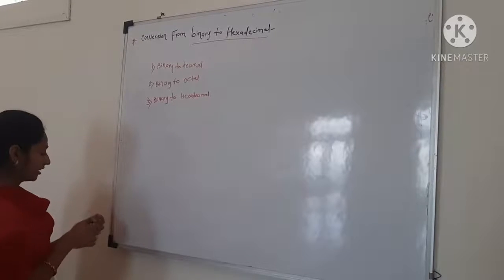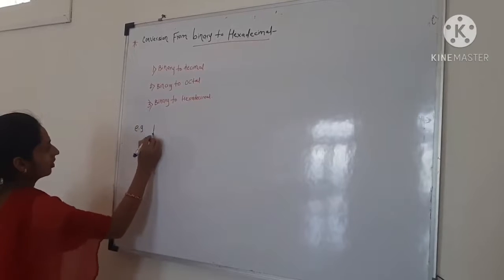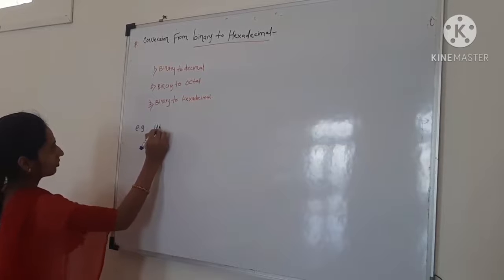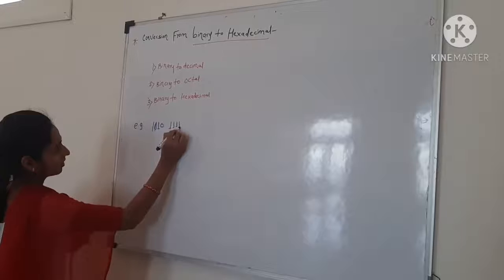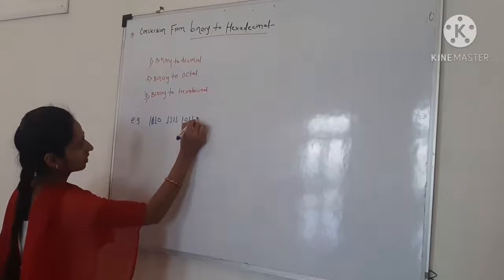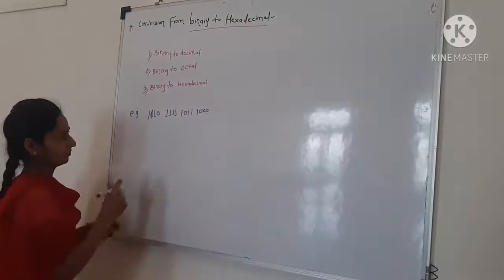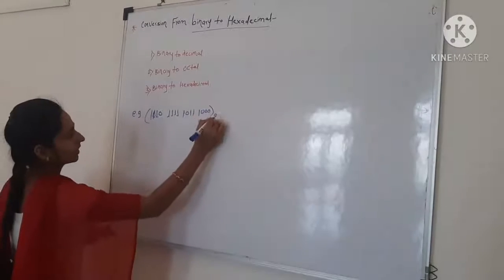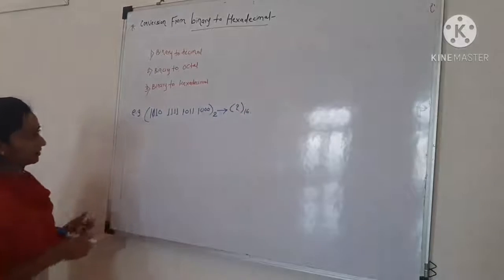Let's see with the help of an example. The example is 1 1 1 0 1 0 1 1 1 1 1 0 1 1 1 0 0 0. This is one binary number and we have to convert it into a hexadecimal number.